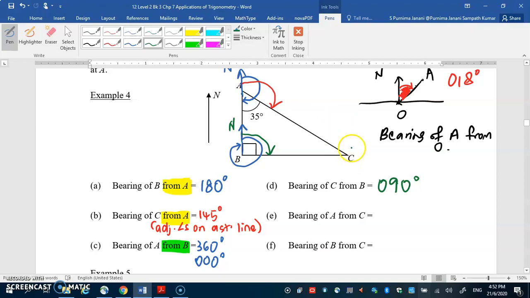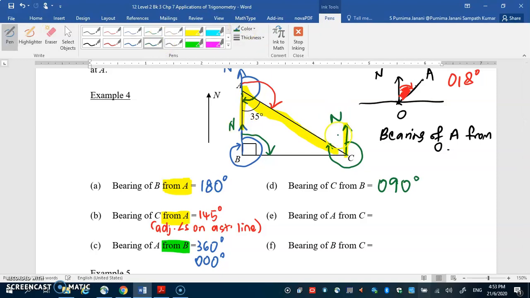Okay, bearing of A from C. So now it's from C, I'm going to draw my north at C, and then bearing of A, so I must go clockwise until I hit this line AC. Because you see a Z formed over here. Can you all see?